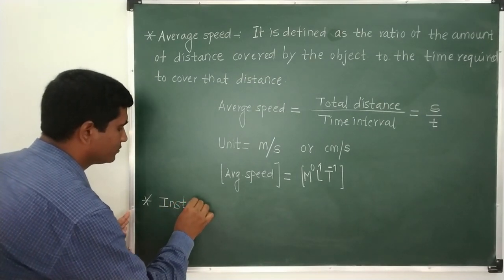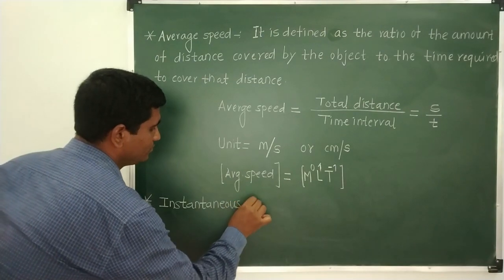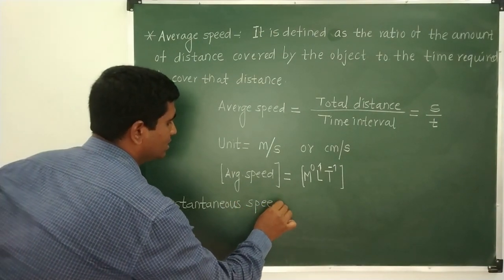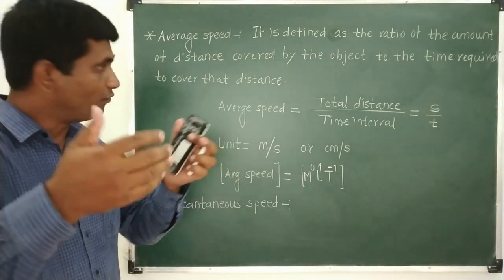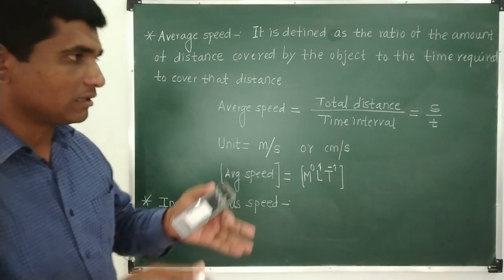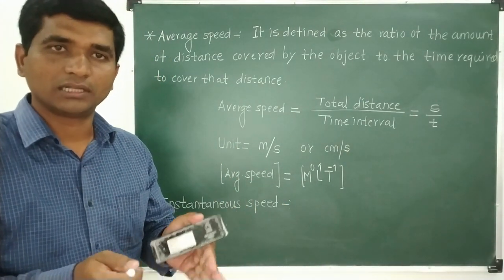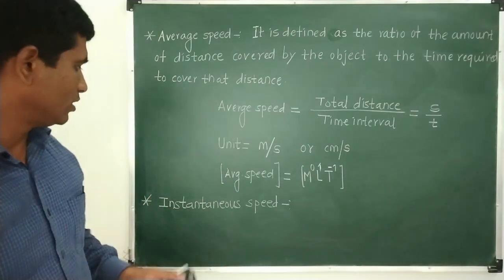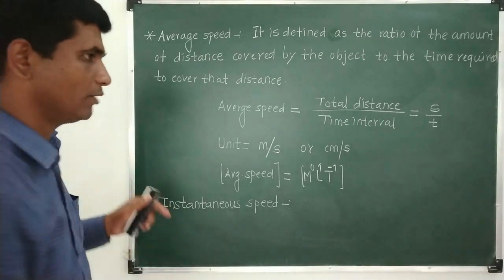Instantaneous speed is nothing but an average speed, but one that has been measured at a particular instant. We'll first write the definition, then we will try to understand.